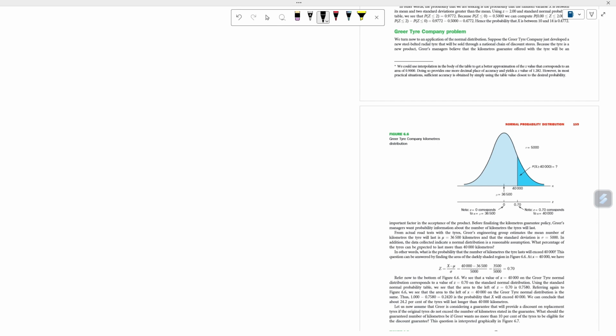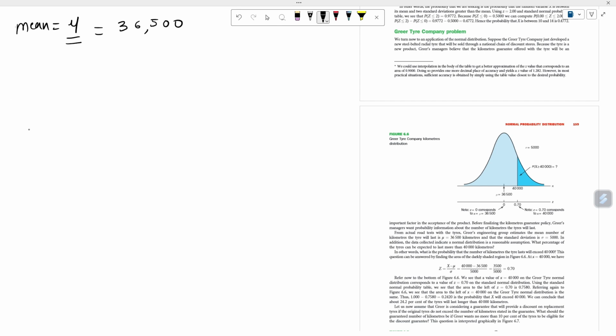Now, in this case, Gerer's engineering group estimates that the mean number of kilometers the tire will last is 36,500 kilometers. So in the case of a normal probability distribution, the mean is always denoted by the symbol mu, and in this case mu is 36,500.